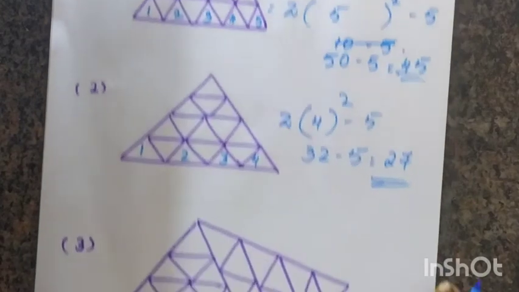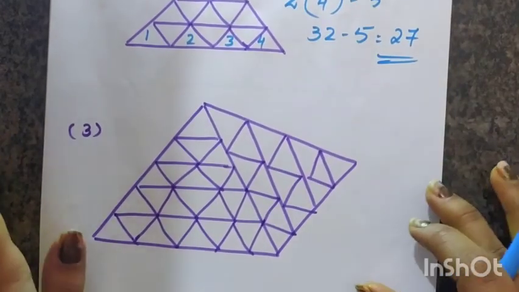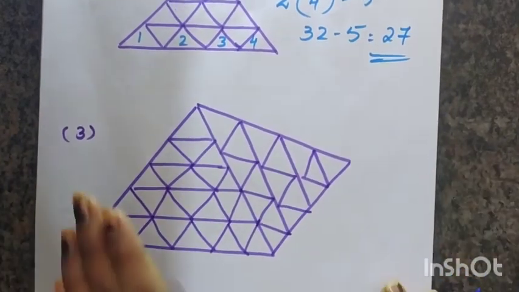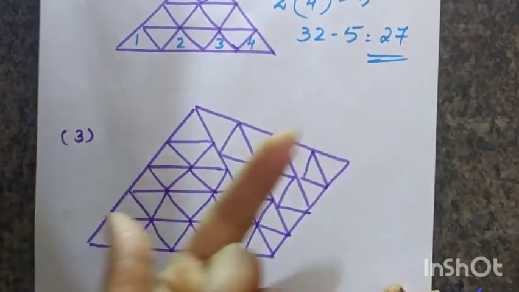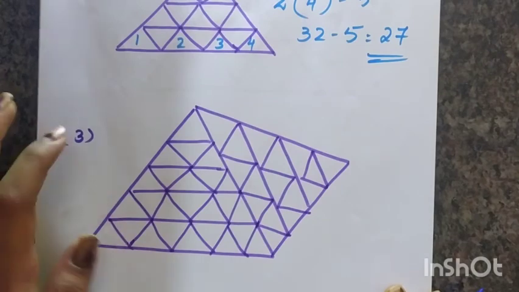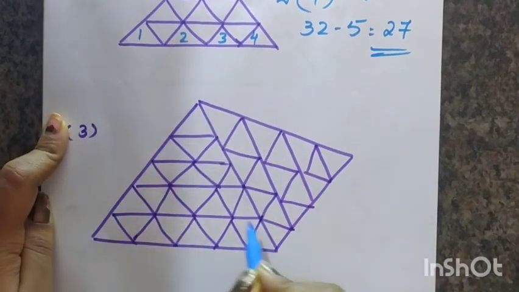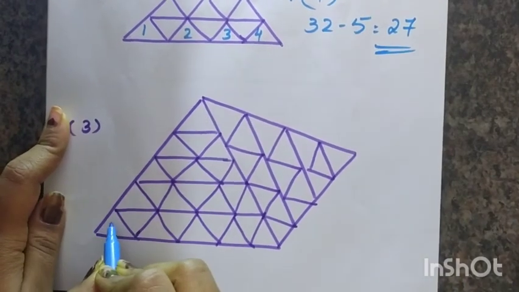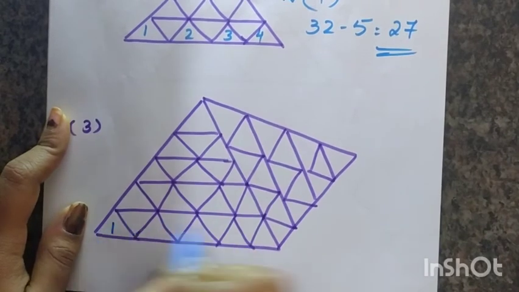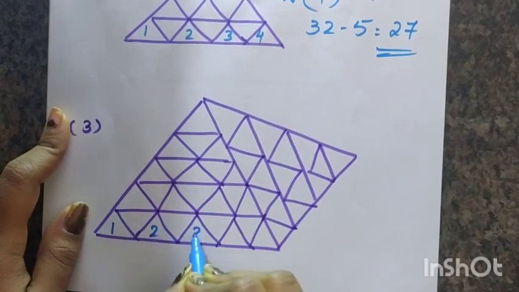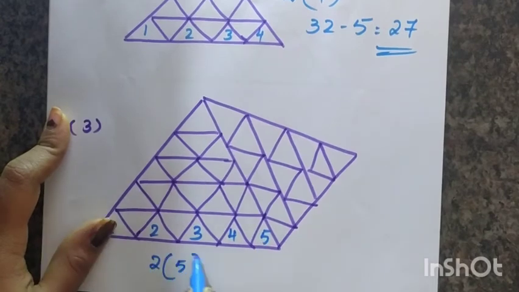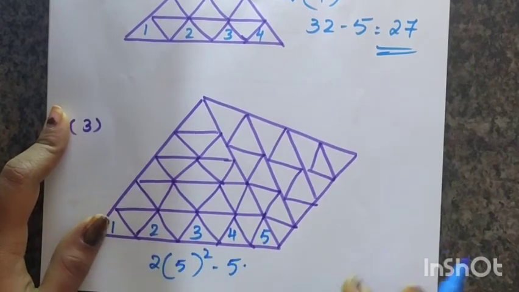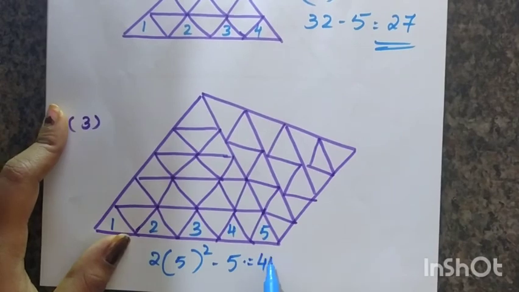Now the third question. So here you have the third question. Now how do I take it? I take first this triangle, then this triangle. Or else you take first this triangle or this triangle. Fine, there's no problem. I take first this triangle, and the number of triangles on the base is 1, 2, 3, 4, 5. So 2 into 5 square minus 5. So hence you get 45 here.